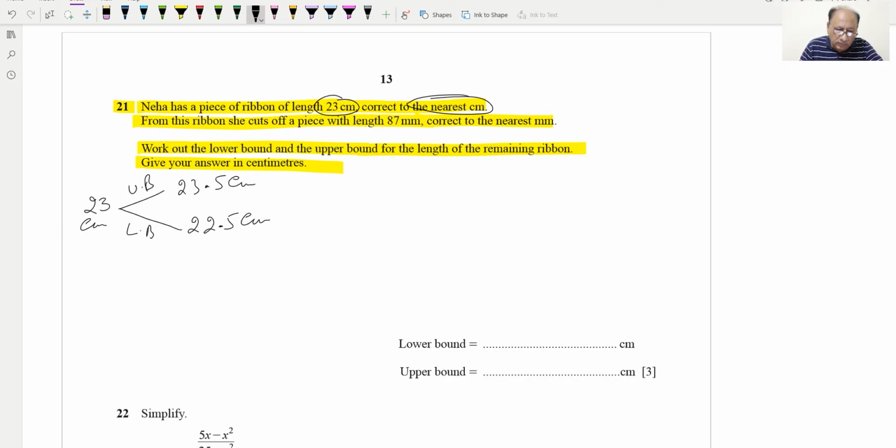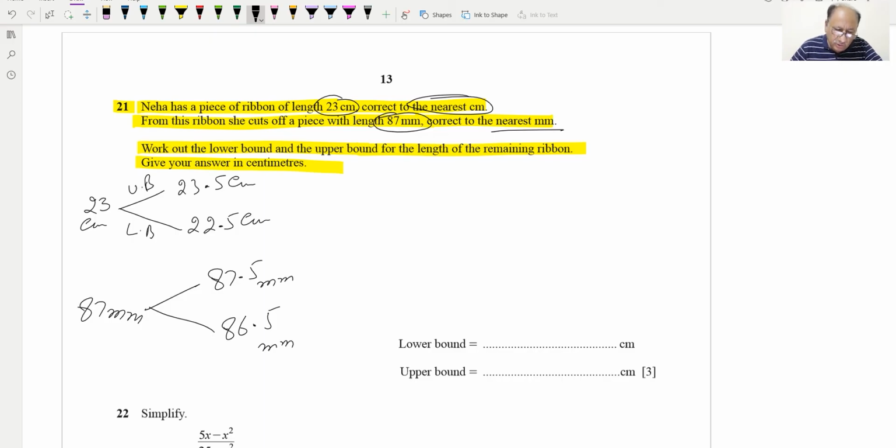Now for this one 87 millimeters, and this is correct to the nearest millimeter, so we can write 87.5 and 86.5 millimeters.